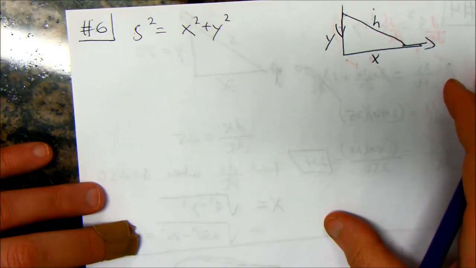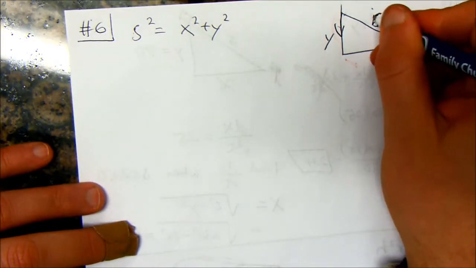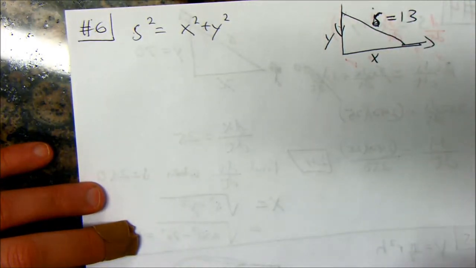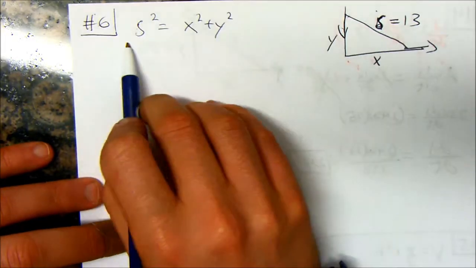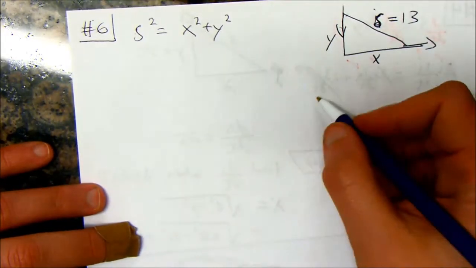That's going to be their big overarching equation. Let's see what they tell us here. It's a 13-foot ladder, so I'll call this s. S is equal to 13. That is a fixed number. So that'll come into play when we have to take the derivative of the main equation.